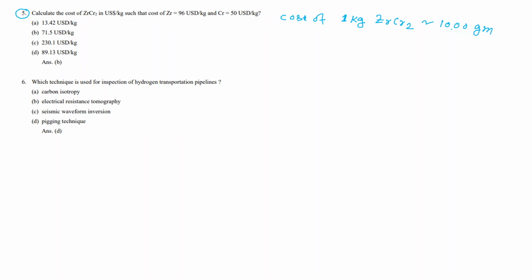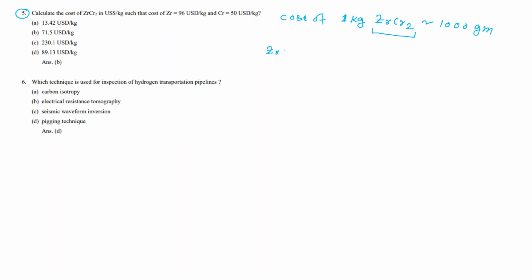I am converting into grams because the molecular weight of any element is given in grams as the standard. So first of all, you have to calculate the molecular weight of ZrCr2. Before that, you have to know the molecular weights of Zr and Cr.